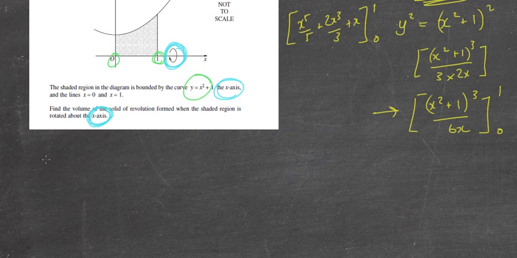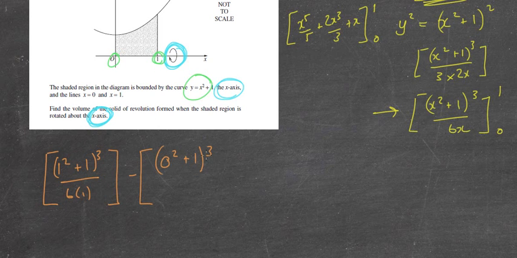Okay, so we have got our values. So let's put this in. So over here we've got 1 first of all. So 1 squared plus 1, and then I'm cubing it all over 6 times 1, and then I've got 0 squared plus 1, cubing it all over, that is a problem, isn't it?